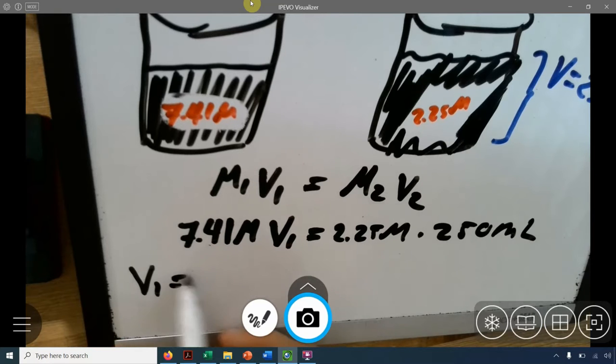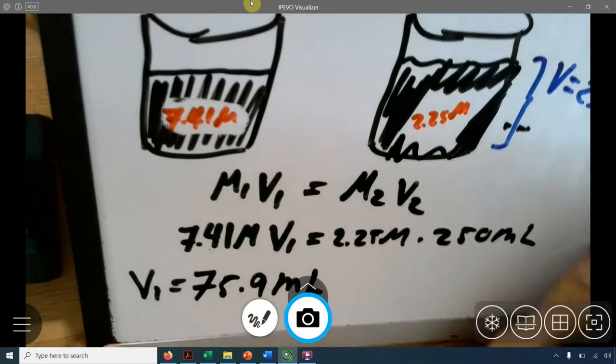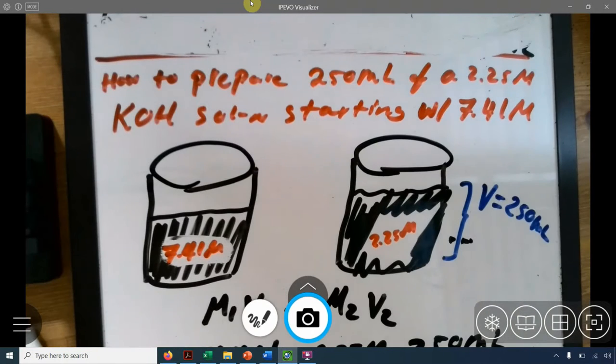So if I solve for this thing, the volume that I get from this is 75.9 milliliters. Now, what the heck does this mean? This is what it means. To make this, let's go here.